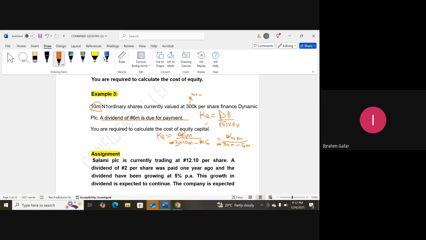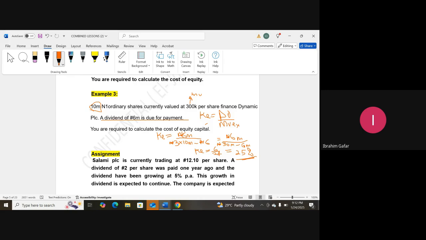Then your cost of equity becomes 6 million all over 24 million. So what do you have? 0.25. So in percentage, that is 25%. That is what the examiner is asking you to calculate here.